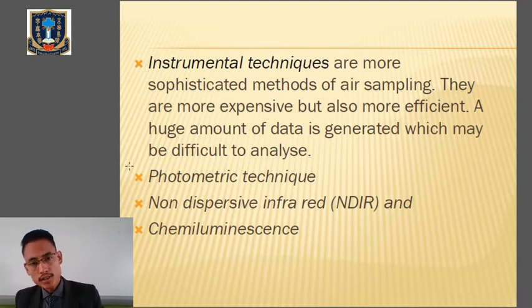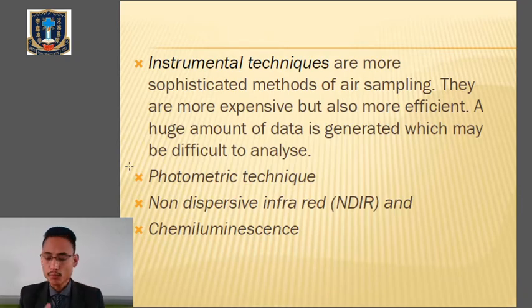But when we look at the instrumental technique, it is more sophisticated compared to the manual technique. It is complicated and more expensive, but more efficient. A large amount of data can be collected from the instrumental technique, but since a huge amount of data will be collected, it will be difficult to analyze.